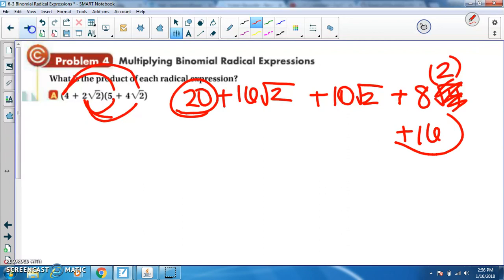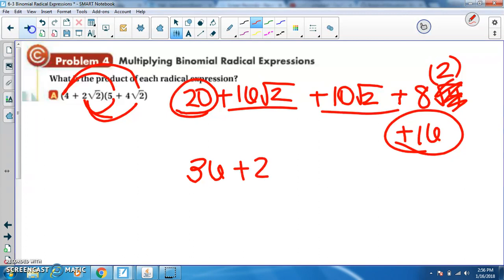Combine like terms: 20 plus 16 is 36. 16 root 2 plus 10 root 2 is plus 26 root 2.